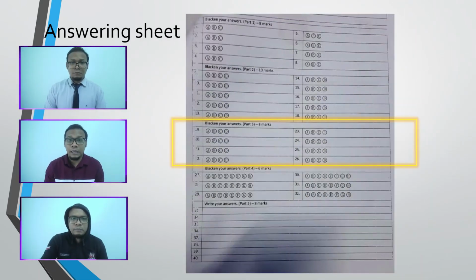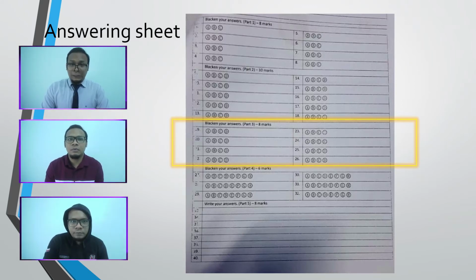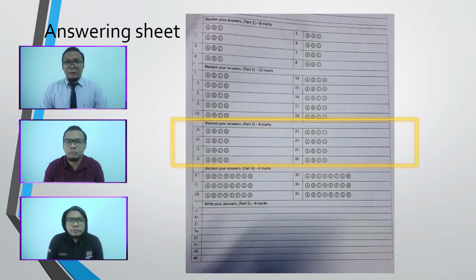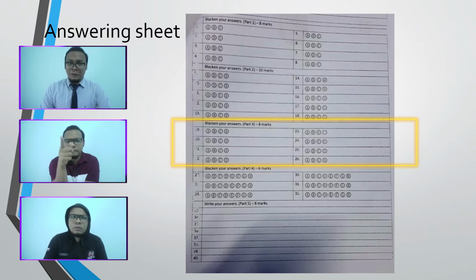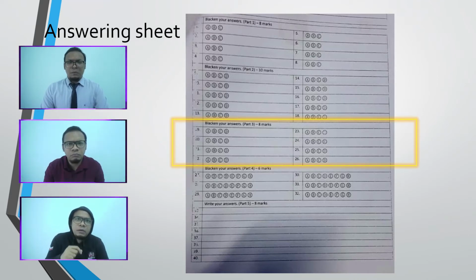Professor, can you tell us what this is? Yes, of course. Dear learners, this is an example of an answering sheet. You must answer here to get the marks that you want. But Prof, if I answer at the question, same, right?